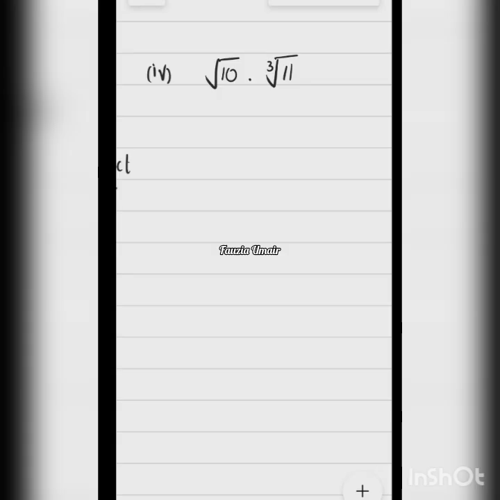Or should I change the question? Can we apply the product law? No. So why not? Because the base is different. Yes, the base is different, and the powers are also different.